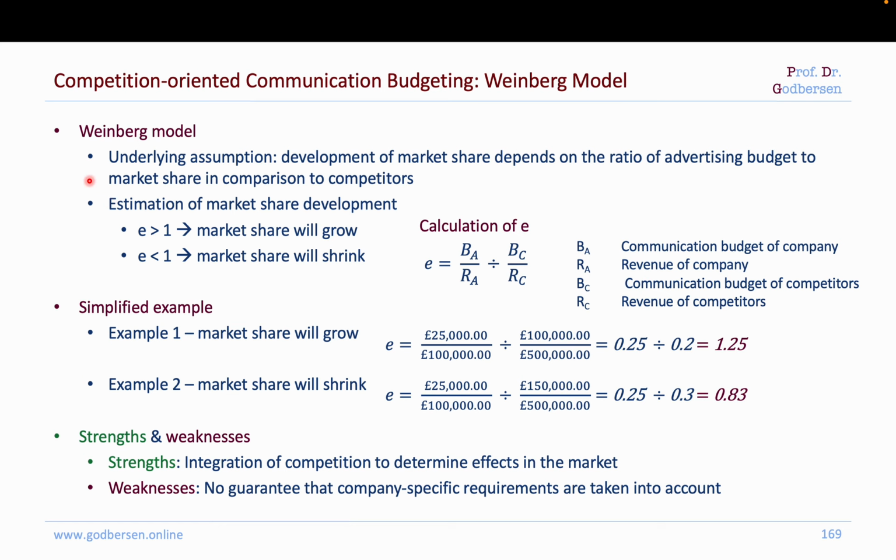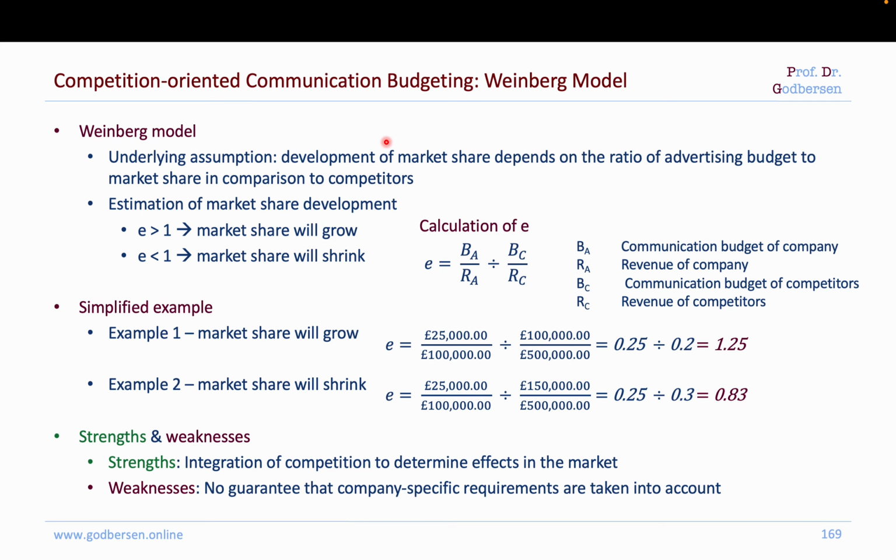The underlying assumption of the Weinberg model is that the development of a company's market share depends on the ratio of its advertising budget to its market share or revenue in comparison to its competitors.